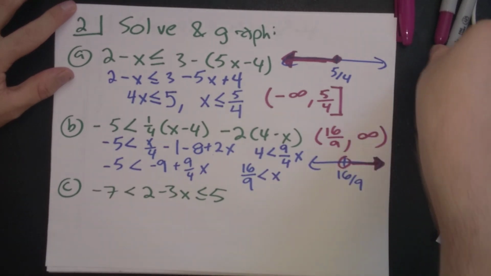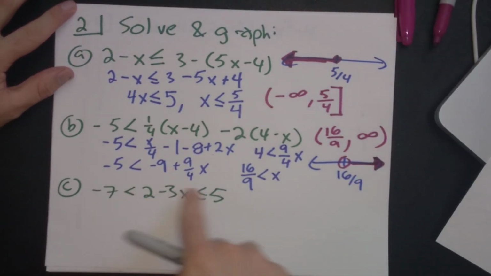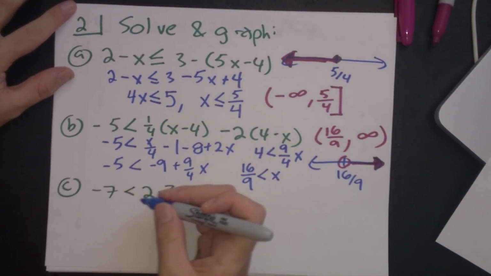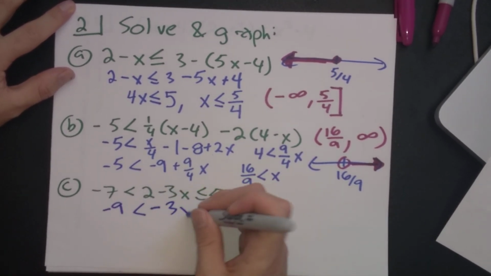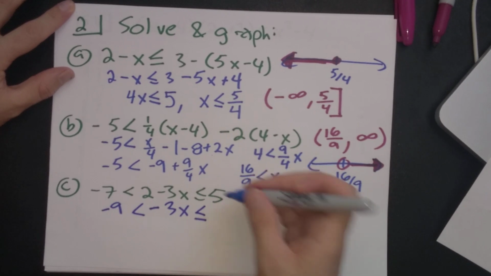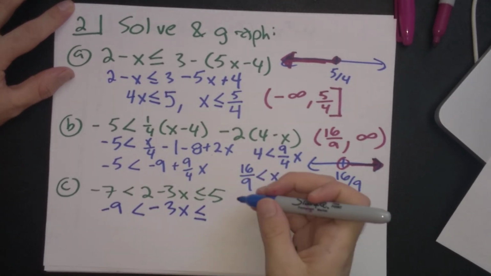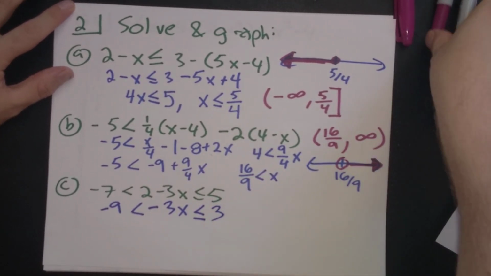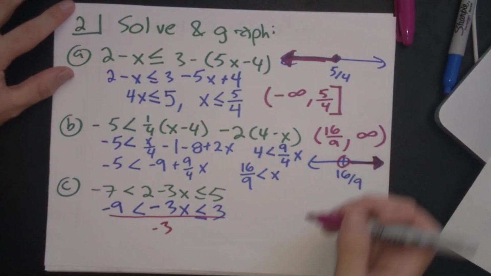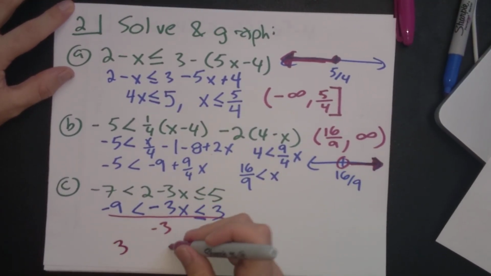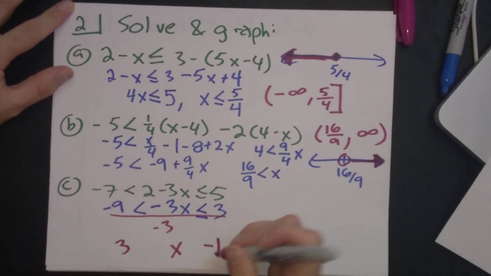Let's start off by subtracting 2 from all three parts here. So -9 is strictly less than 3x, is strictly less than 5 minus 2 is 3. And now, if we divide everything here by -3, we get 3x and -1.